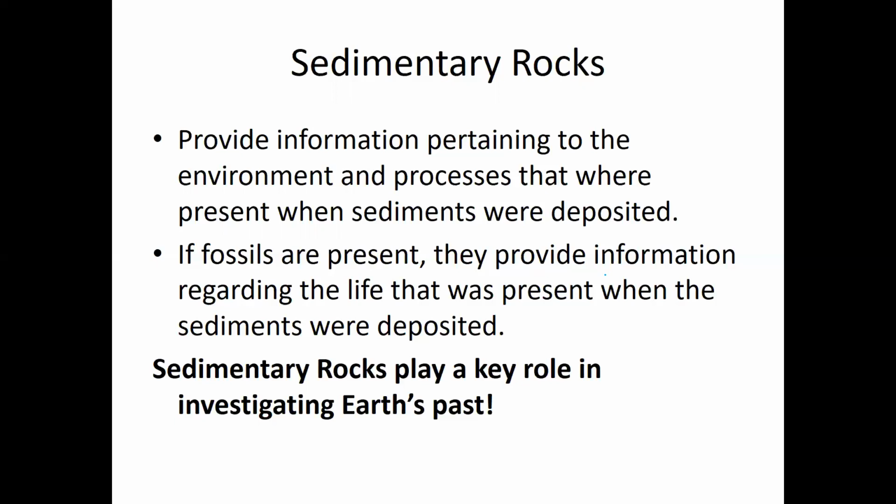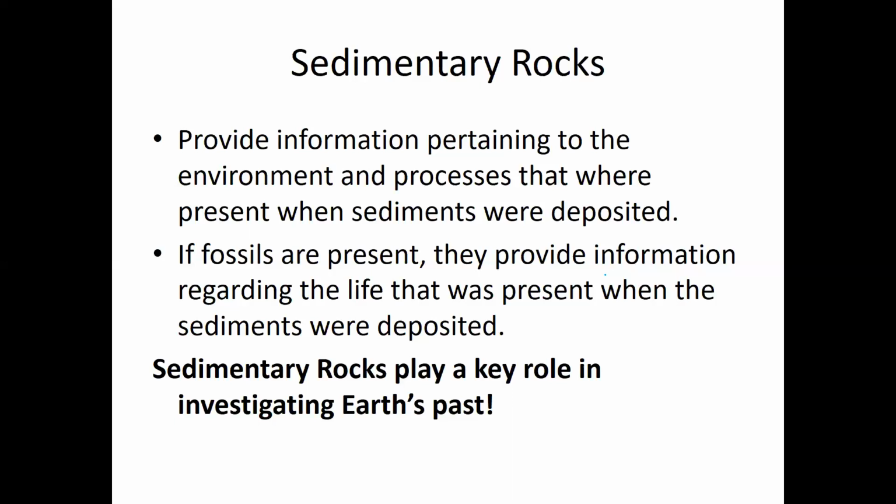We do talk about igneous and metamorphic rocks because they have information in them too, but not as much as sedimentary rocks. Right? We're not going to figure out if a place was a desert, a lake bed, or a sea floor from igneous or metamorphic rocks. We can tell if there was a volcano, or if there was certain tectonic activity, but we're not going to know what type of environment it was.